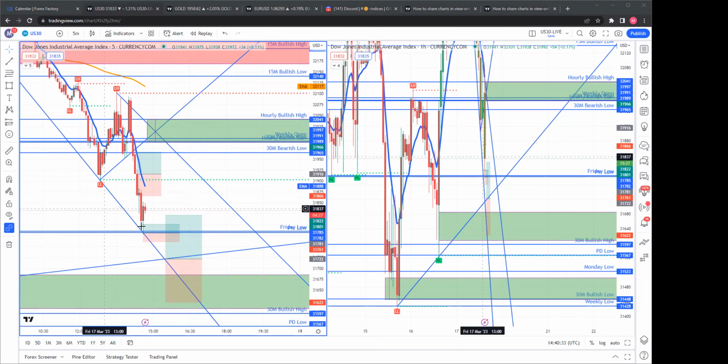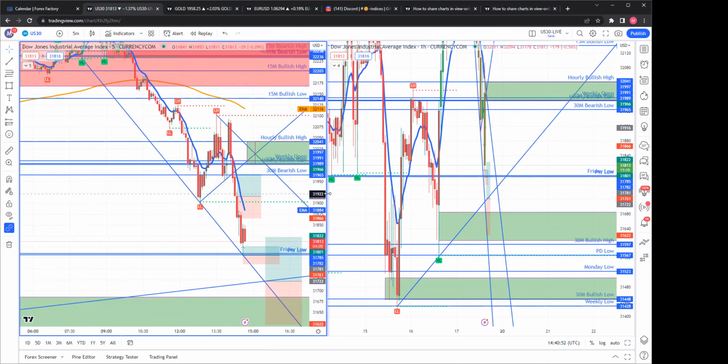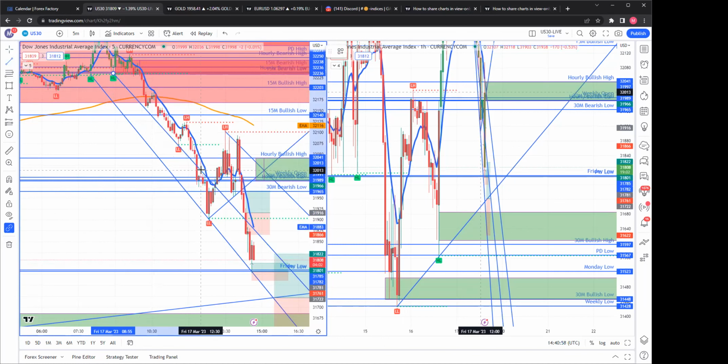Yeah, so we definitely have a channel to the downside for US30. Let's see if there's any other. The other one is this one right here from this high low. I'm just copying what's on my MT4.